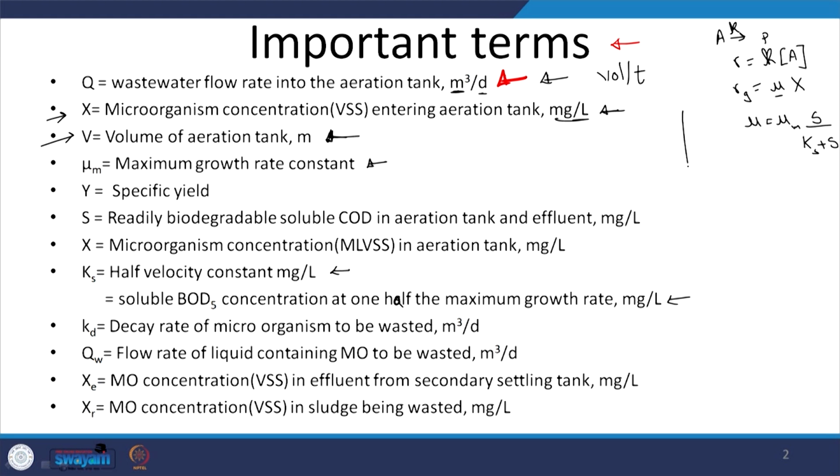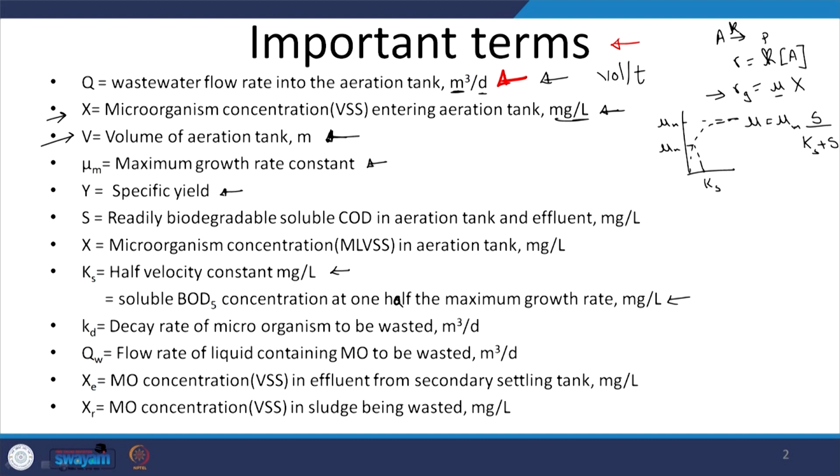For example, if this is the relevant graph, this will be mu max, and at mu max by 2, this is Ks, that's what it means. And that is the rate of growth of microbes that we just looked at.